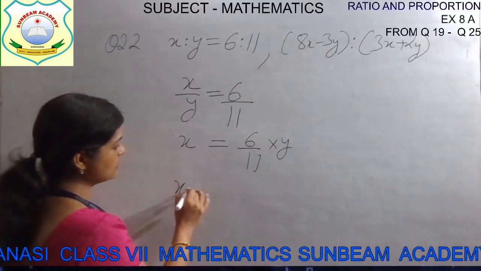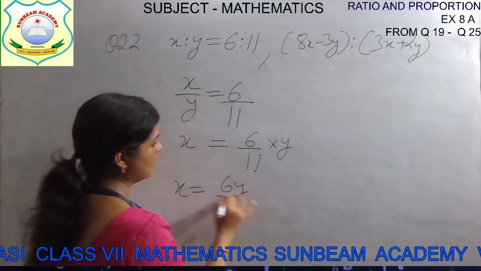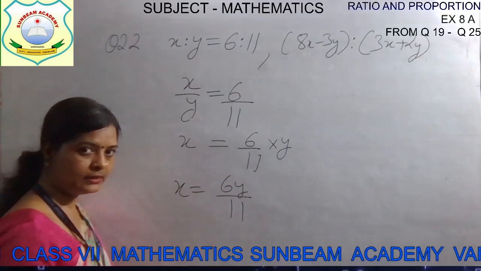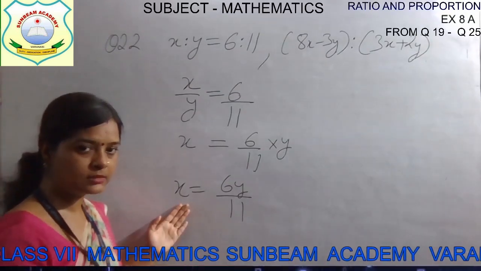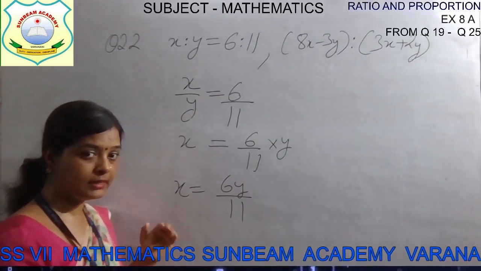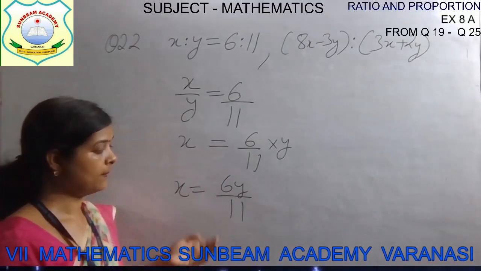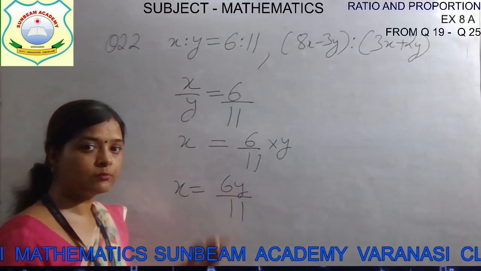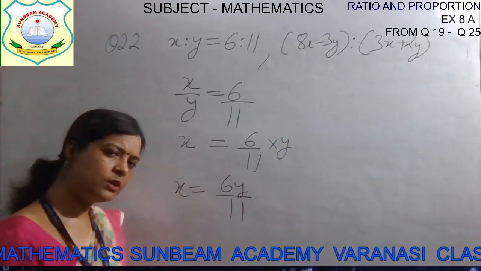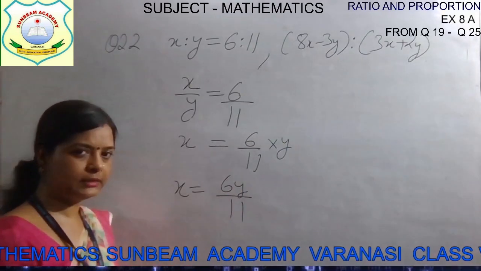Now what is x right now? 6y by 11. Have you found the value of x? Yes, but it is still not exact, it is in terms of y. Now what will we do, children? Why did we find this?